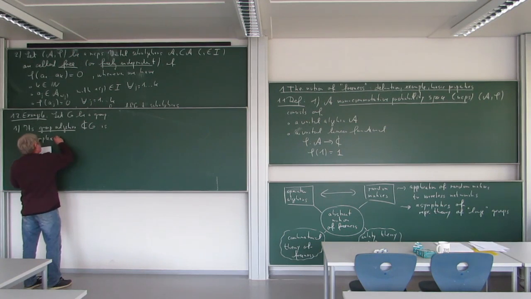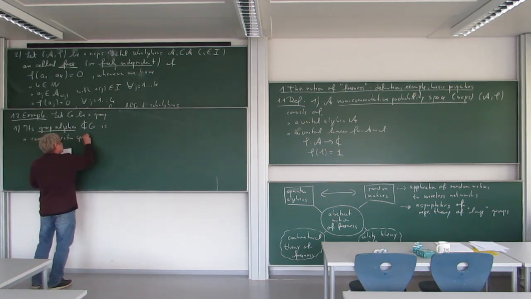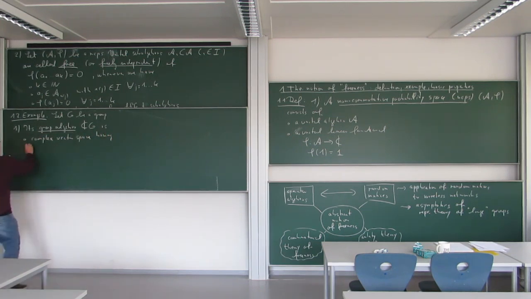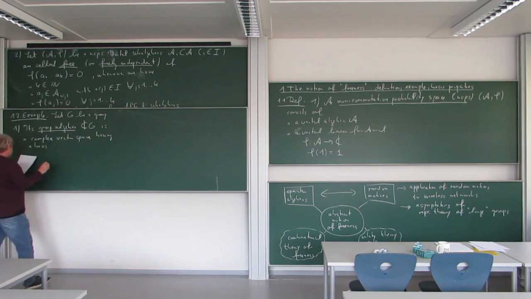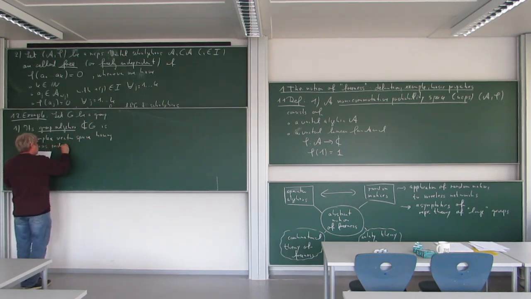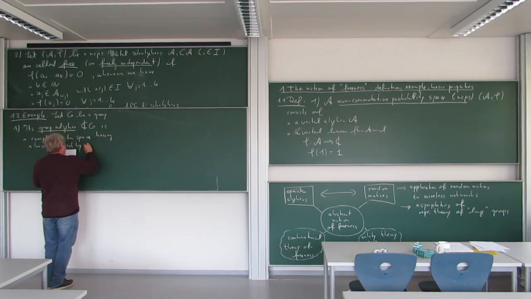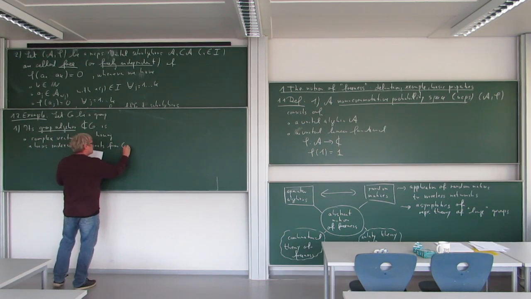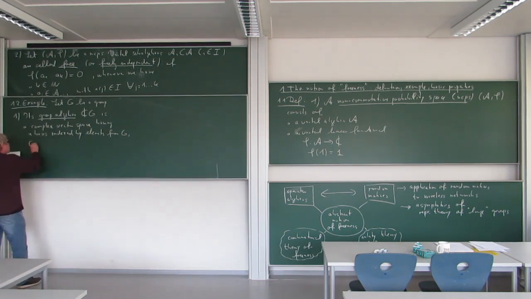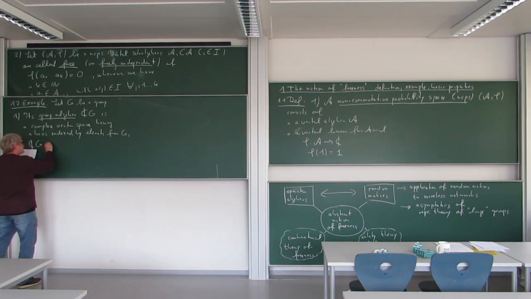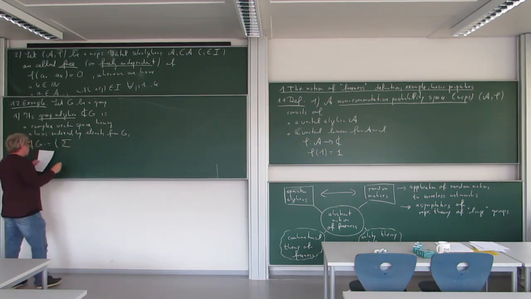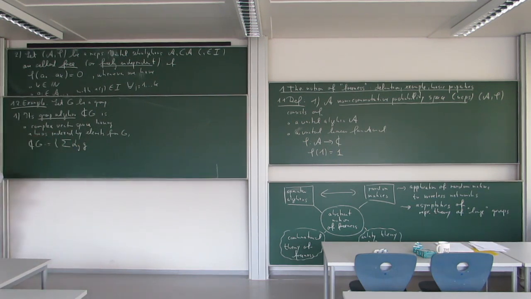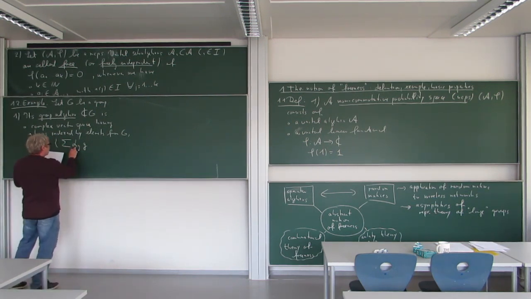So a complex vector space having the basis indexed by the elements of G. So this means C of G, my group algebra, is given by sums over group elements with some coefficients which are complex numbers. So it's a complex vector space, so these alpha_g are complex numbers.